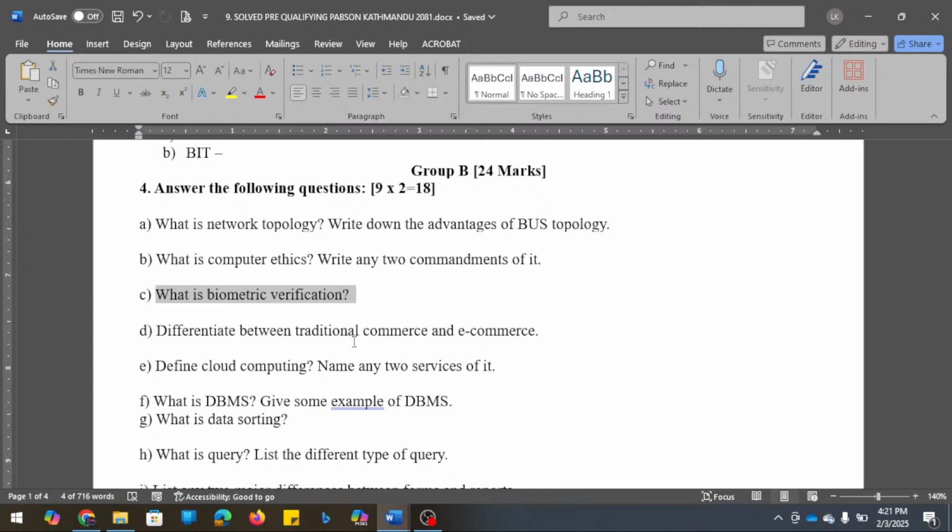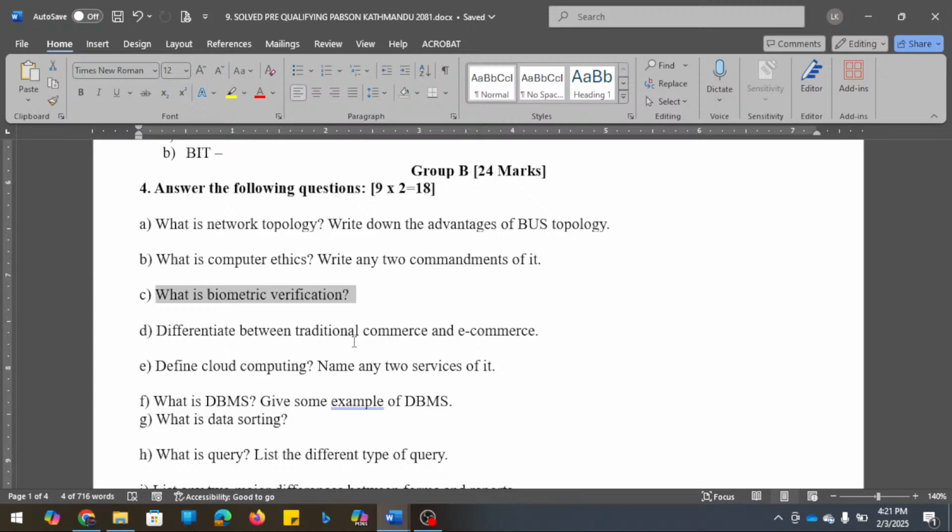The physical part may be a fingerprint, palm, face, or eye. If we use these parts to store our identity data in the computer for later use, then that becomes biometric verification. Mostly it is used by embassies and some other organizations.